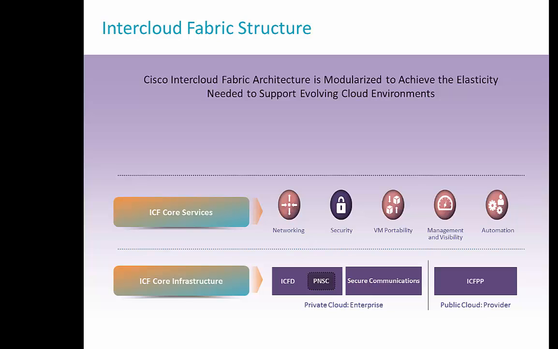Next is VM portability. That's probably one of the biggest things. With workloads, you can move the VMs anywhere, anytime. Management and visibility, that's one place of management, the ICF D portal, and automation. External services are still on the way, so we're not going to cover that part, but we'll cover the core services.